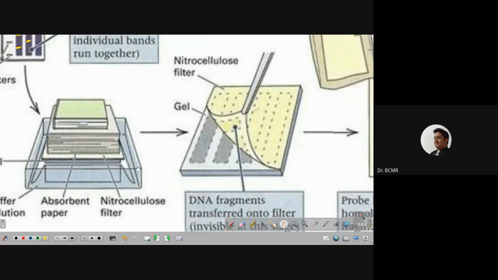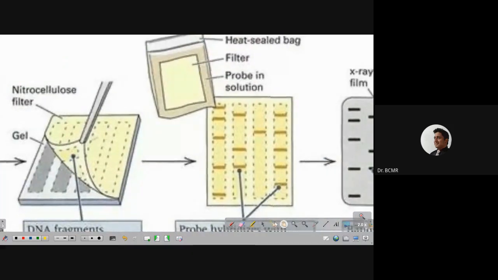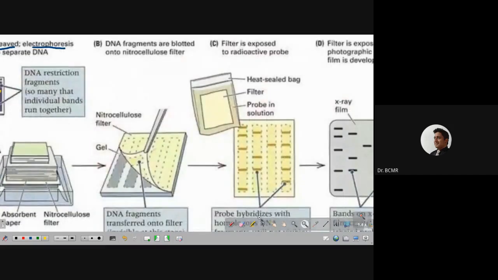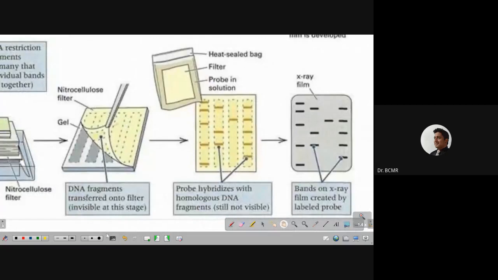Once that happens, we separate the nitrocellulose filter onto which the DNA is now bound, and then we add a probe. What is a probe in this case? A probe is a nucleotide sequence. Say, for example, I want to find out, for ease, I'm giving you a small sequence. Usually the probe can be larger.